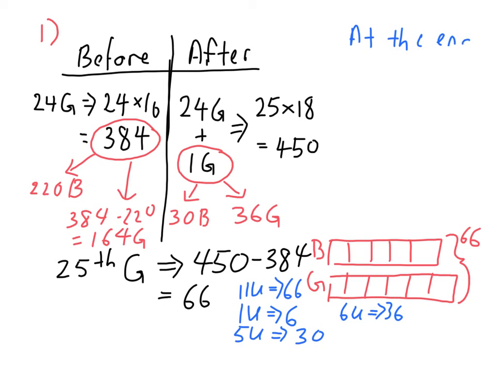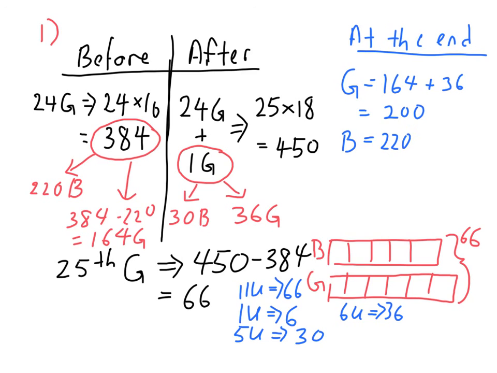At the end, how many girls are there? 200. How you get 200? 164 plus 36. So we have 200. Okay, Aaron, how many boys are there at the end? 220 plus 30.